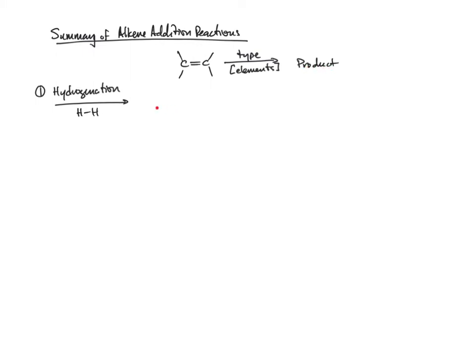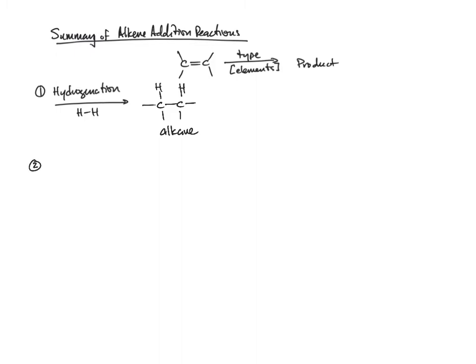So the product, which I'm going to draw here, we're taking the alkene and we're making an alkane. So alkene to alkane occurs through hydrogenation, and we're adding H to each sp2 hybridized carbon.